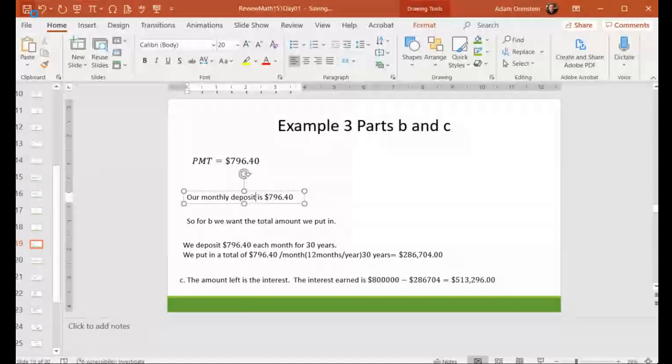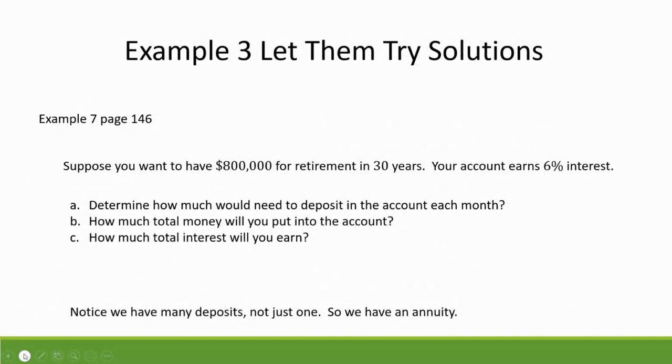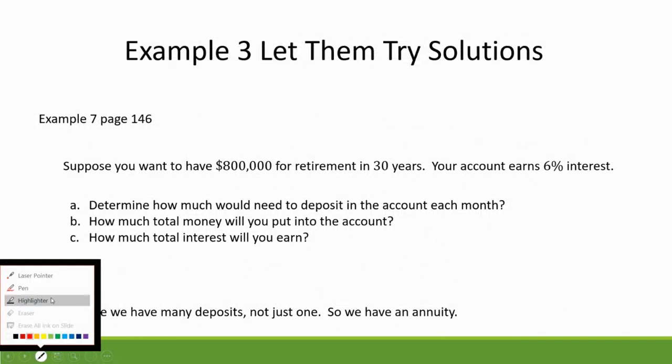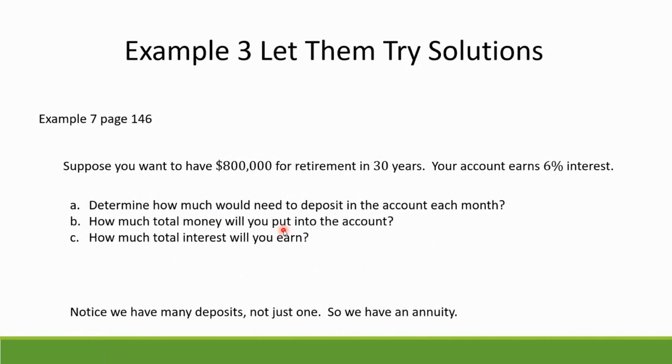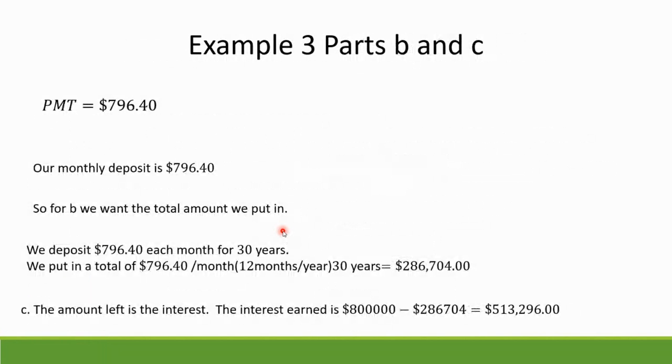So the rest is just like before, right? We want to know Part B, which asks how much we're putting in total. So if we're doing that deposit each month for 30 years, how much are we going to end up putting in?